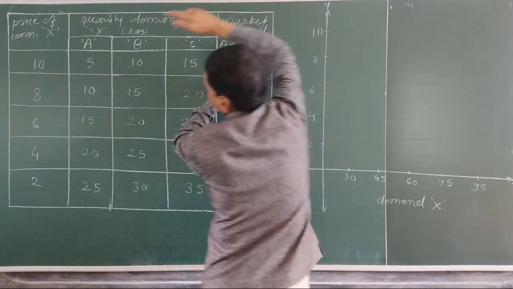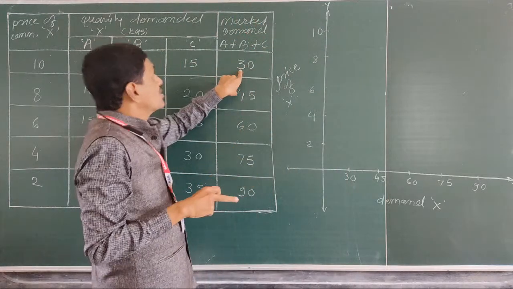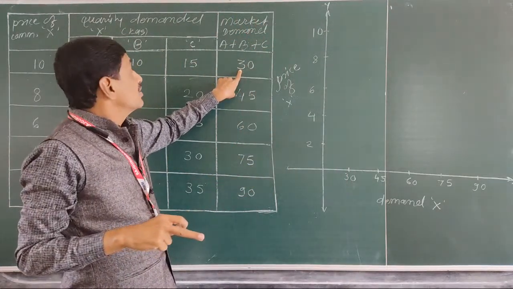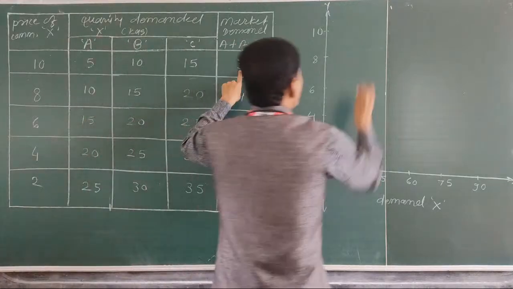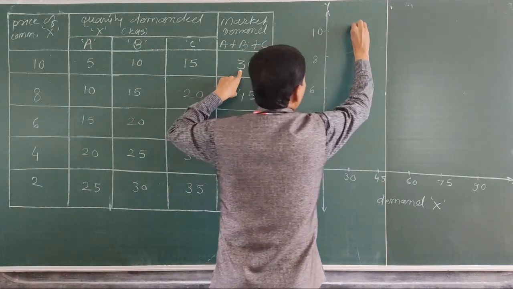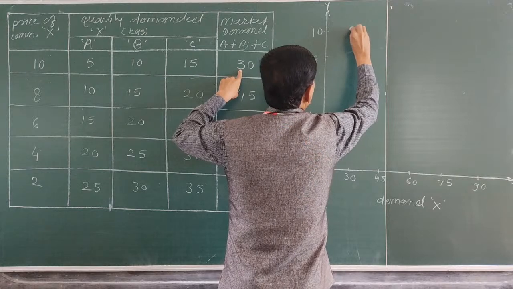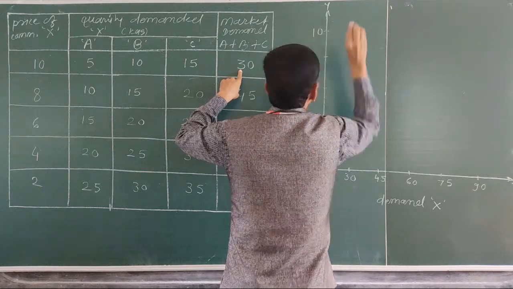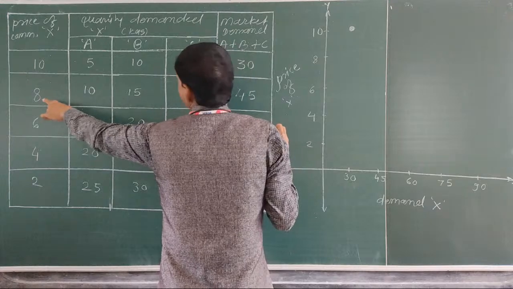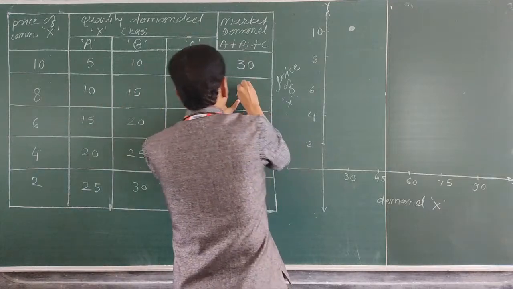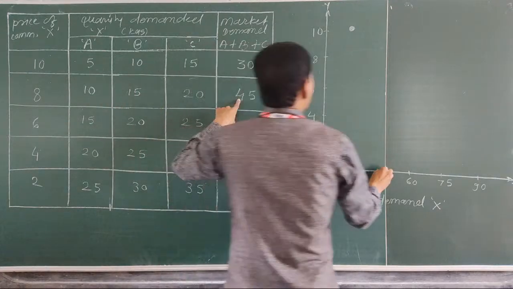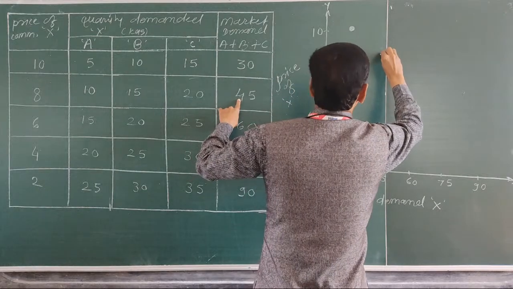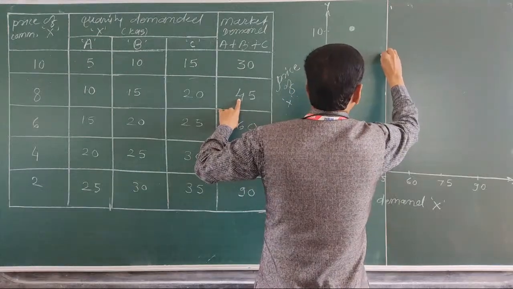When price of commodity is 10, market demand is A plus B plus C, 30 kilograms. Then price 8, market demand 45 kg.